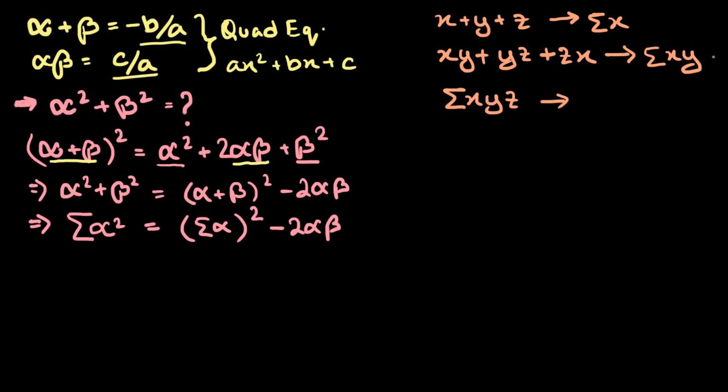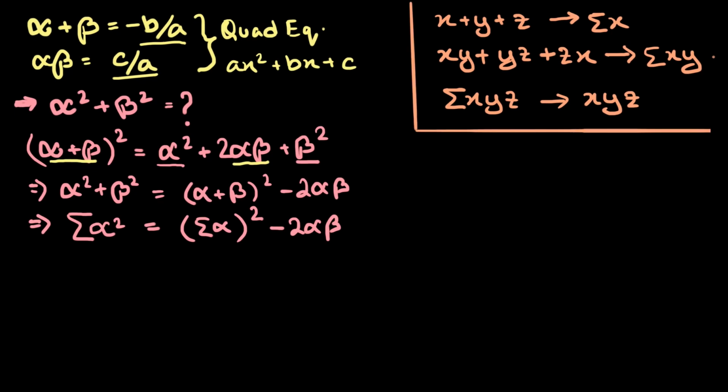This denotes xyz only if the only variables we have are x, y, z. Notice that there's no plus yzx or zxy beside this, because that is just another way of writing xyz. We would be repeating the cycle if we did that, so therefore we won't do that.